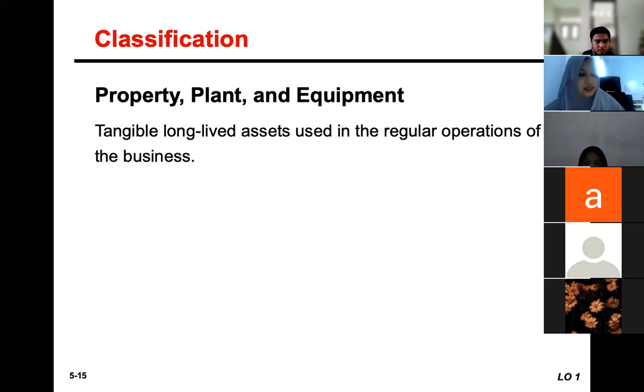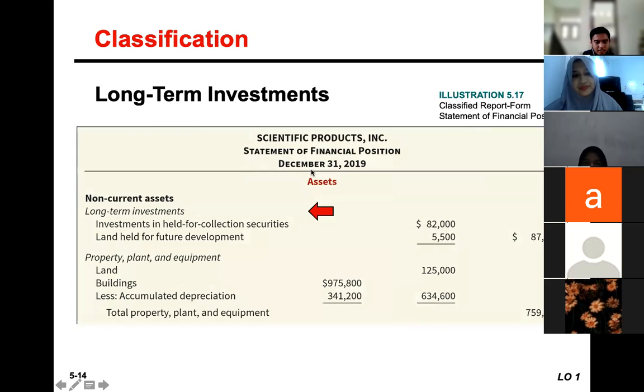Where do we include that? We just mentioned it. Yes, we include that in long-term investment. Remember just now, land held for future development. So long-term assets that we do not use in operations go into long-term investment. For example, land and buildings that were bought not for use but perhaps for sale, waiting for the price to go up.